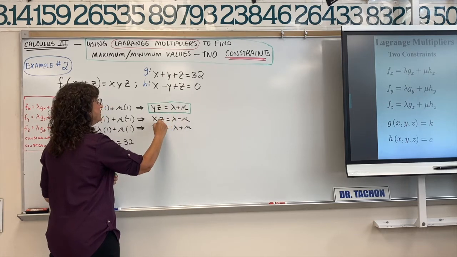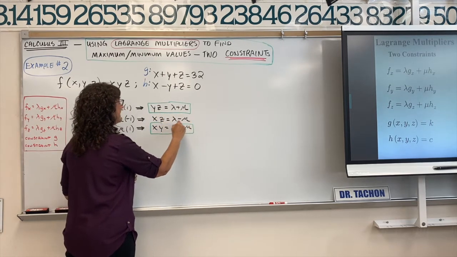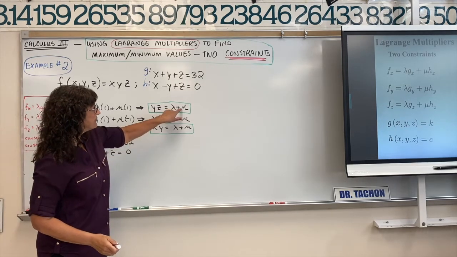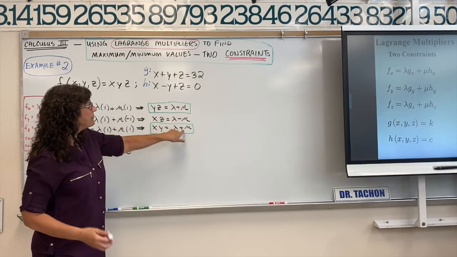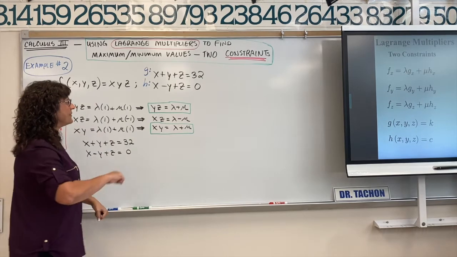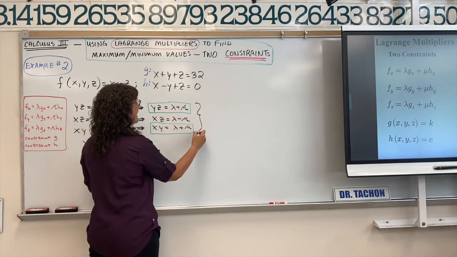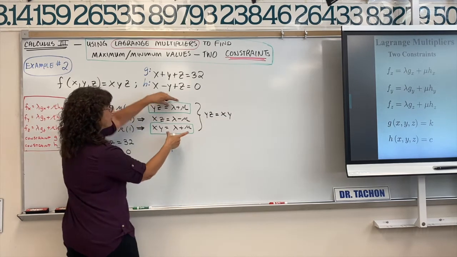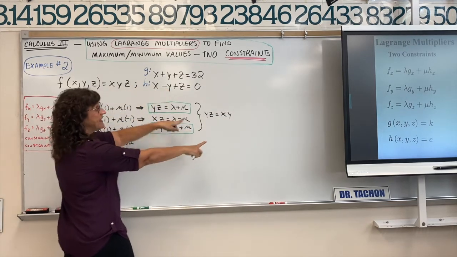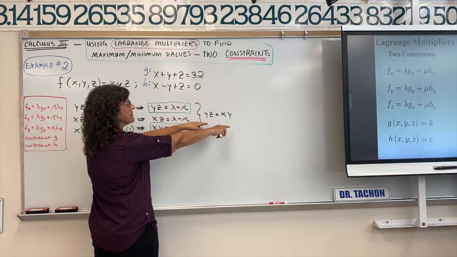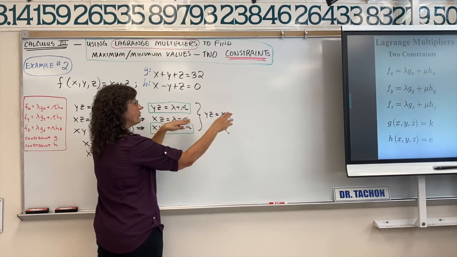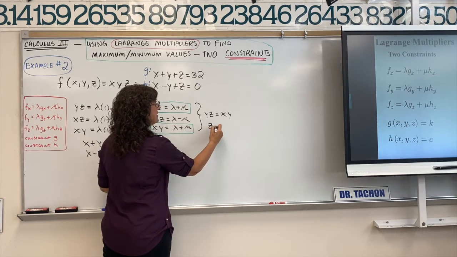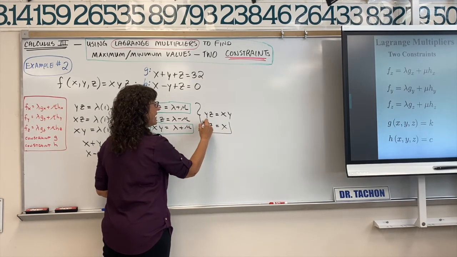Lambda plus mu is y times z, lambda plus mu is x times y. Since they're both equal to the same quantity, I can set y times z equal to x times y. So if y times z and x times y are equal to each other, y must equal y, so z must equal x.